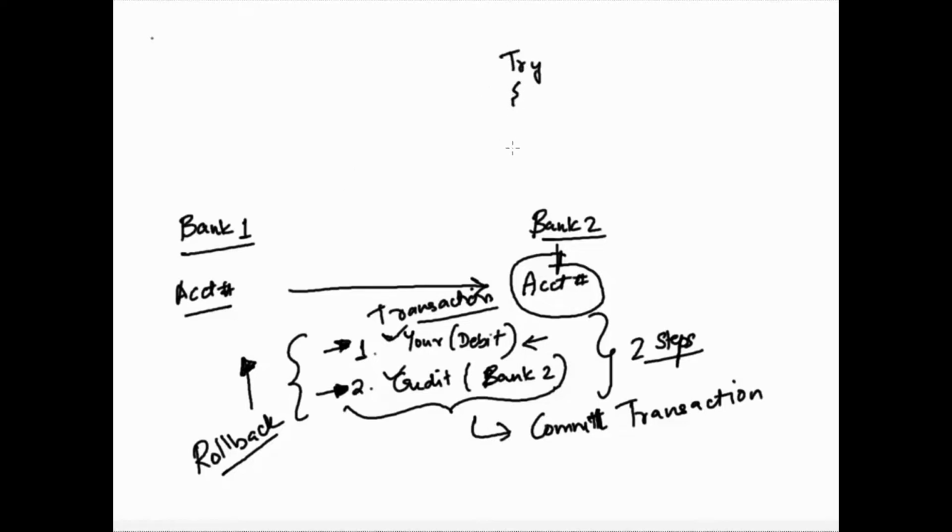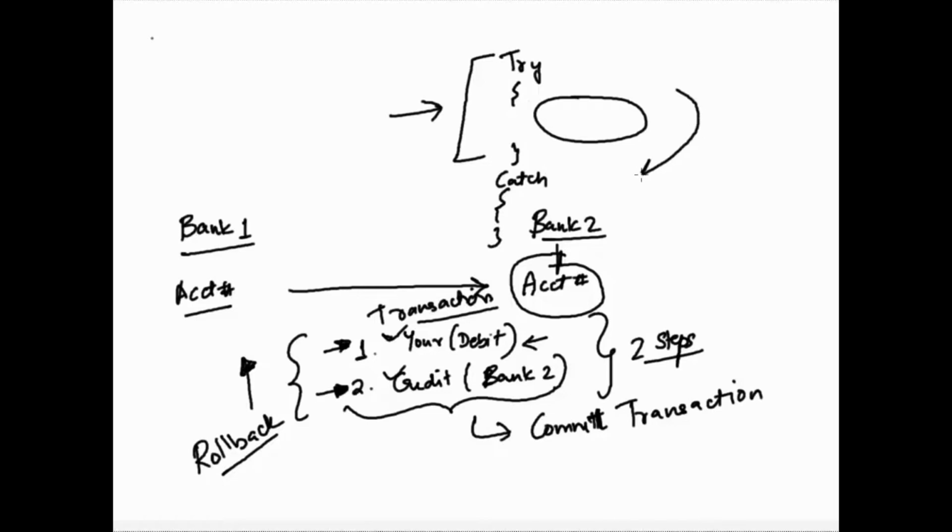You use something called try catch. Whatever the logic is, you put it in the try statement. The try statement just means try executing these SQL statements, and if there is any error, the control is transferred to the catch block. This is where you can have your error handling code.